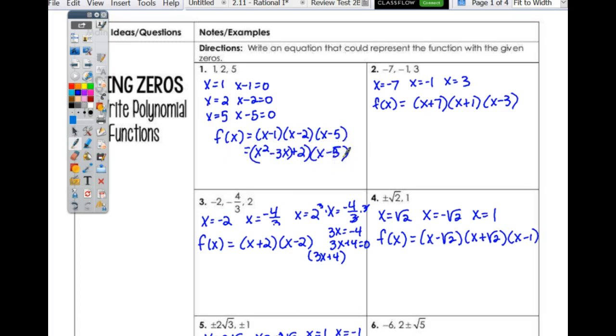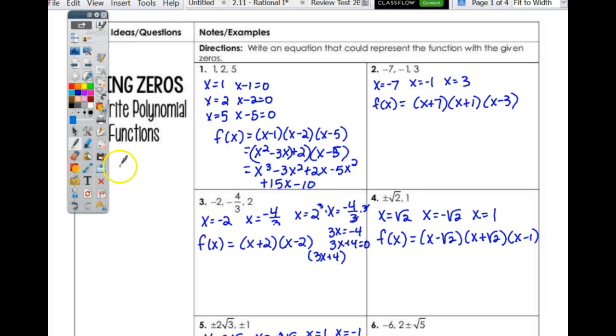And then we have to multiply again. So I'm going to take x times x squared is x cubed, x times a negative 3x is minus 3x squared, and x times 2 is 2x. And then negative 5 is minus 5x squared plus 15x, and then minus 10.